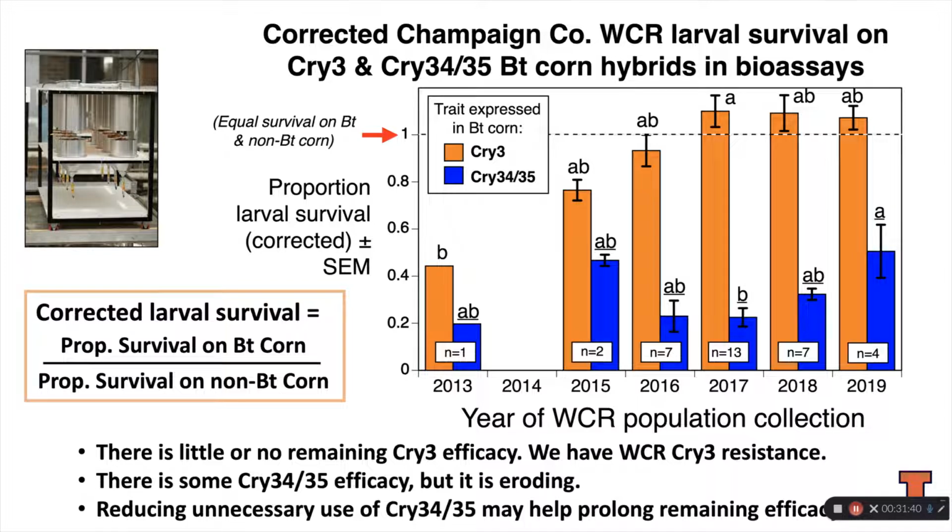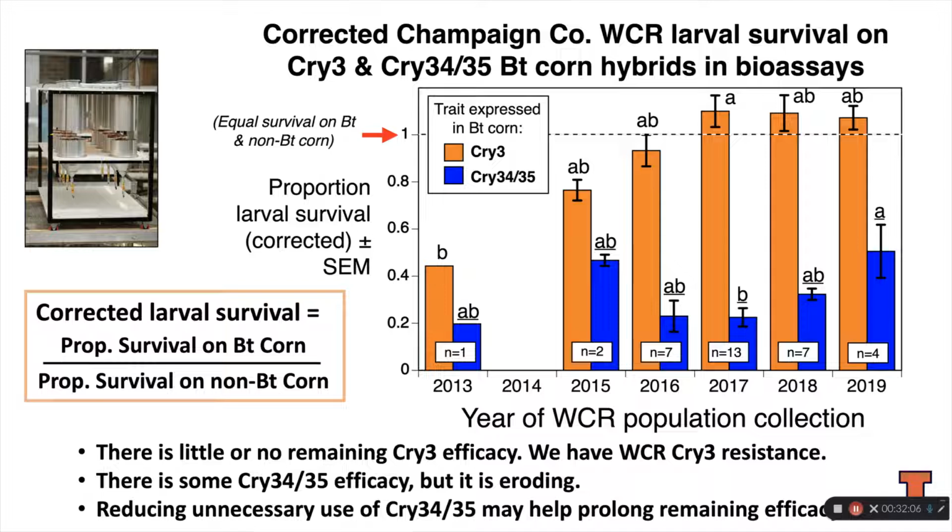We've had low corrected survival for populations tested on Cry34-35 for several years, with one little blip in 2015 with low replicates. We may be seeing a steady survival on these toxins, or the beginning of an uptick in survival on the Cry34.